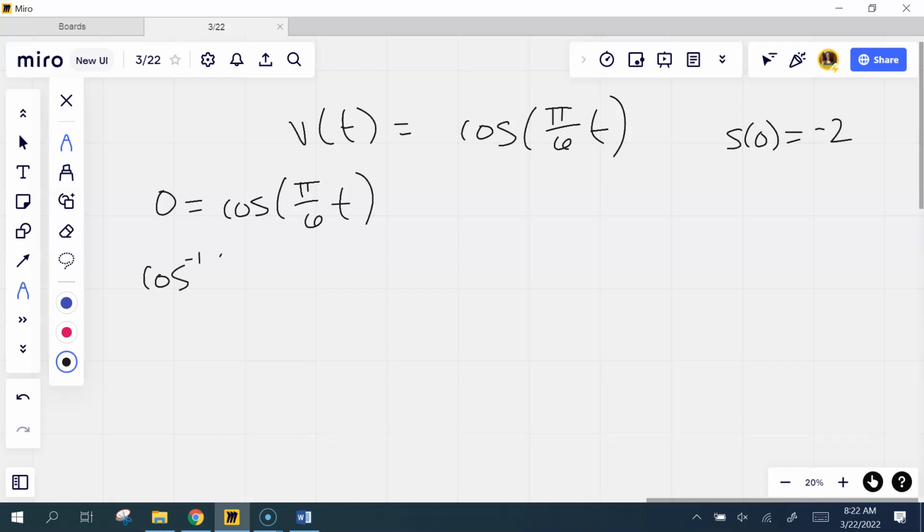When is cosine 0? That's right. Hopefully it was the velocity. And then that's why I found, yeah.